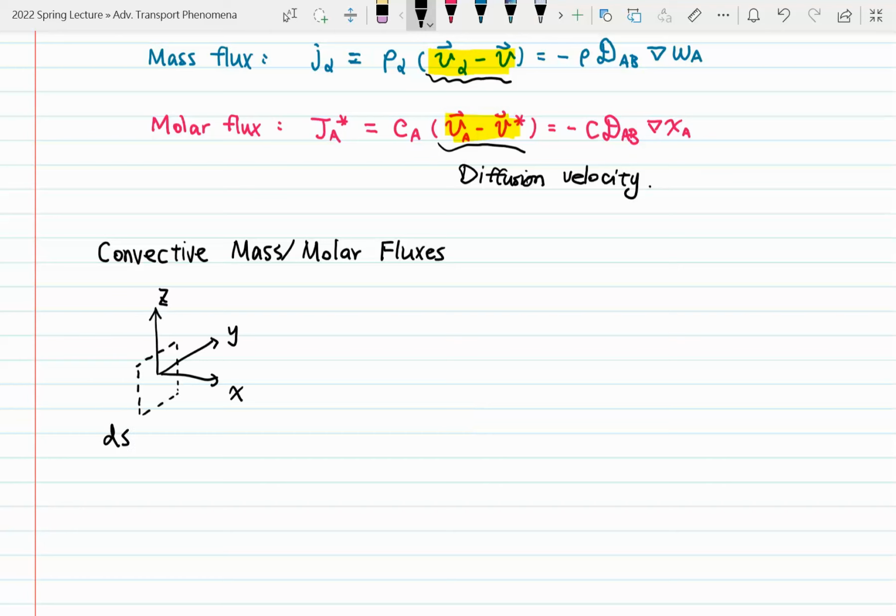This would be our control surface dS. We want to figure out the volume flow rate across dS. Let's look at the x component first.